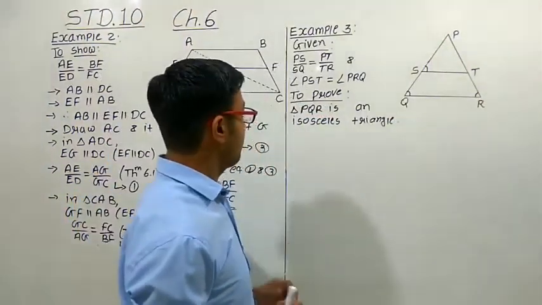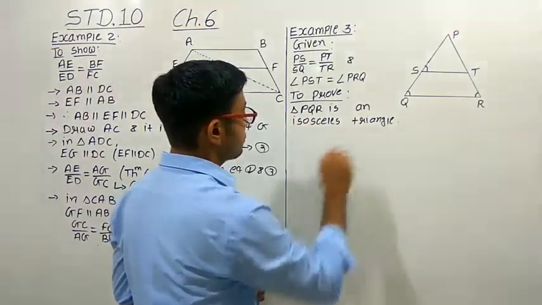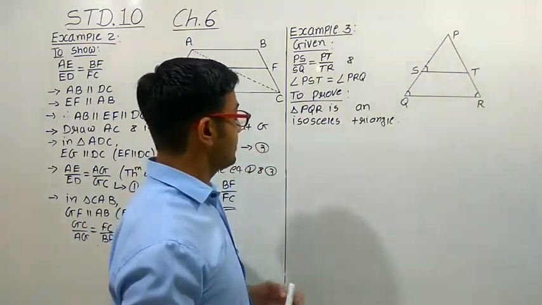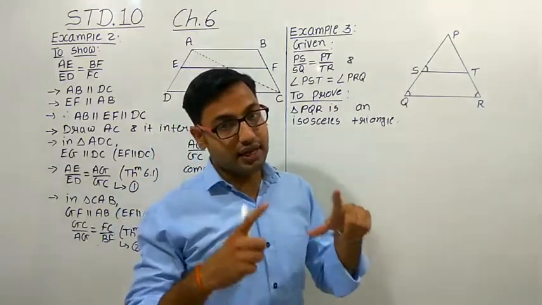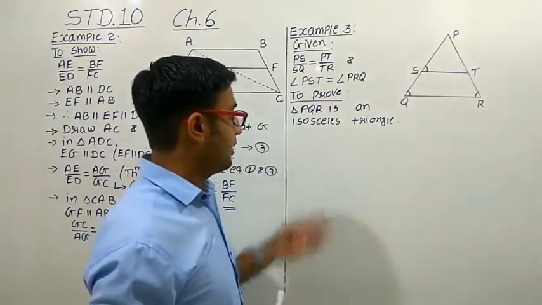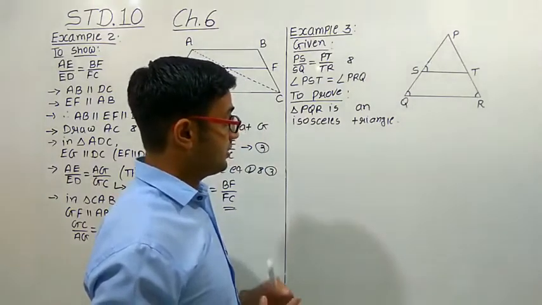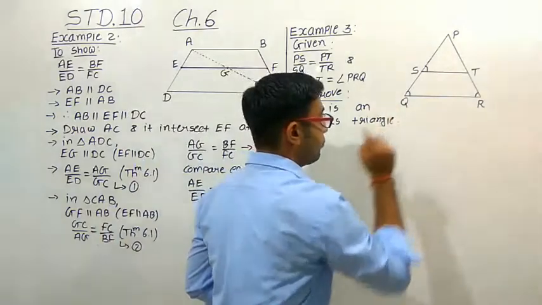Okay. So what we have to prove here is that triangle PQR is an isosceles triangle. Now let us first of all think how we can prove this. Isosceles triangle means if two sides of a triangle are equal, then we can say that the triangle is an isosceles triangle. But here we have not been given such things, but we have been given one of the angles, that is PRQ, right?